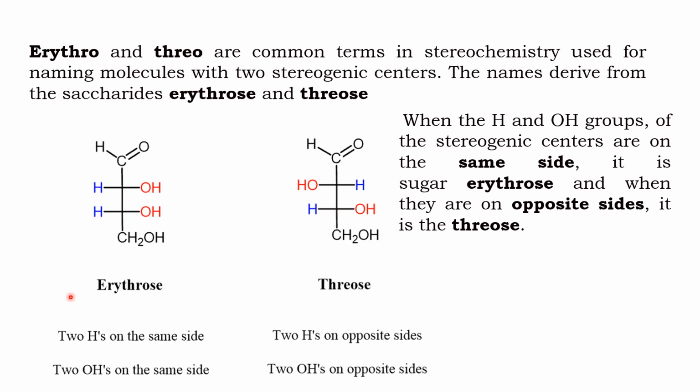So the terms erythro and threo are used if the molecule has two stereogenic centers and they have the same substituents attached to them. For example, if instead of OH I have Cl, Cl: if the Cl groups are on the same side, it is erythro. If the Cl groups are on the opposite side, it is threo. You got it? Take down.